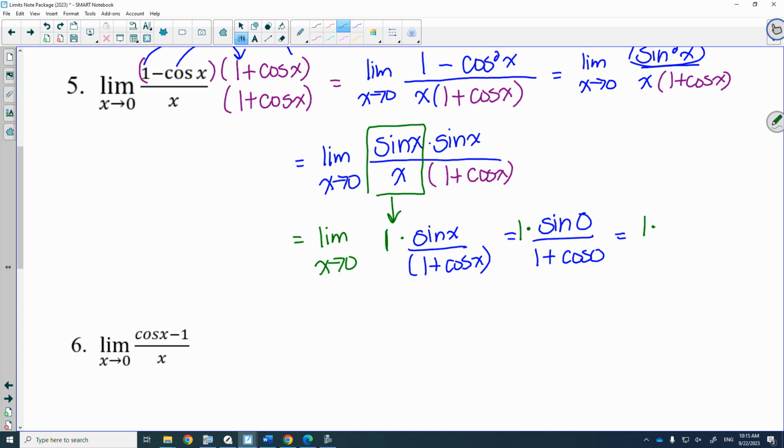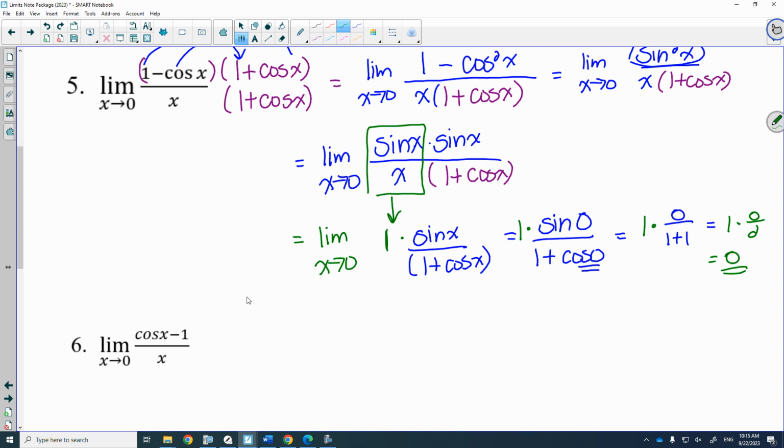So it's 1 times sine of 0 is 0. 1 plus cos of 0, cosine of 0 is 1. So this is going to be equal to 1 times 0 over 2. 1 times 0 is 0. So it's a lot of work just to get 0 as an answer, but you'd be marked on your work, okay, and not just getting 0.